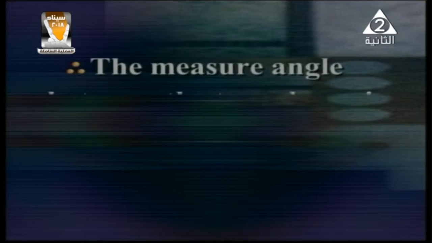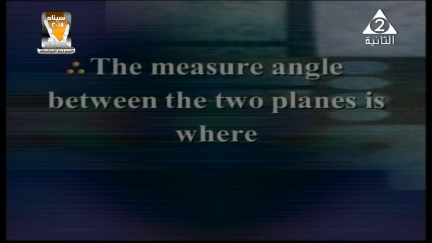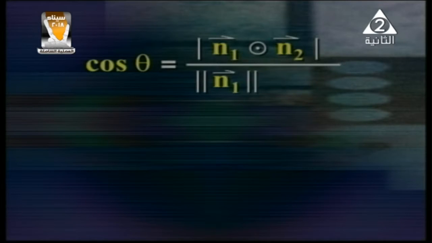What is N1 dot N2? Look at cosine theta, this rule equals N1 dot N2 over norm N1 times norm N2.